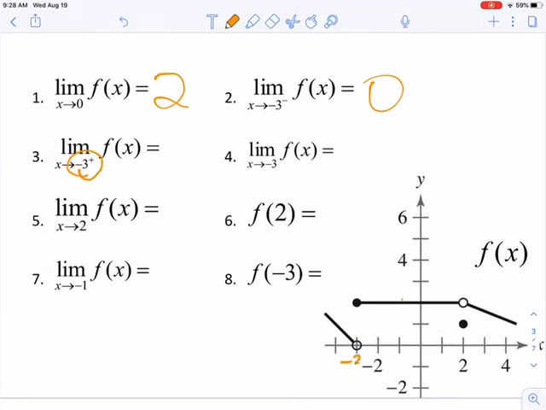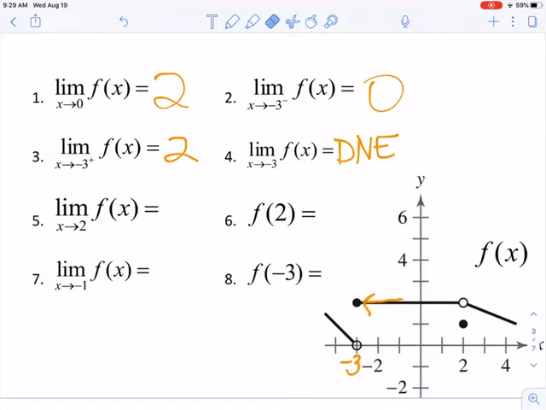Then we have approaching -3 from the right side. So here's -3. So from the right side, we're approaching this coordinate, which has a y value of 2. And since those two are not the same, then the limit as x approaches -3, we would say does not exist.